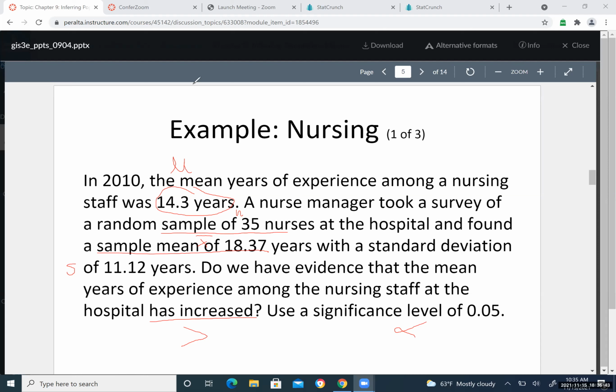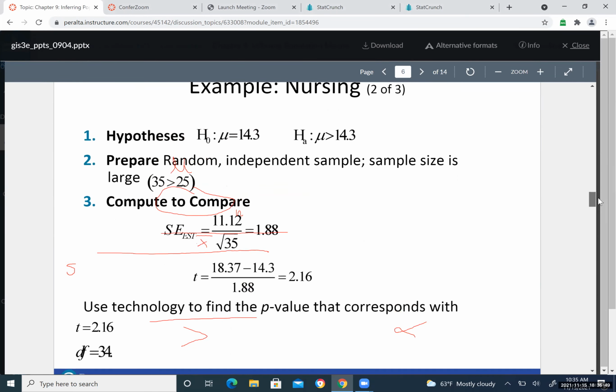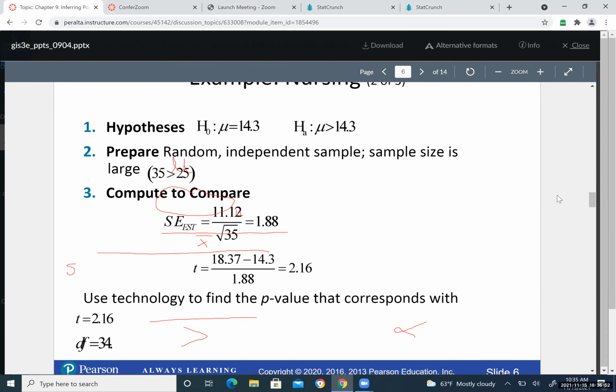Okay, so let's go to the next page. Let's see what happened. Okay, next page, as you notice, there are steps. The first step is to state the hypothesis, which is H naught, colon, mu equals 14.3, right?